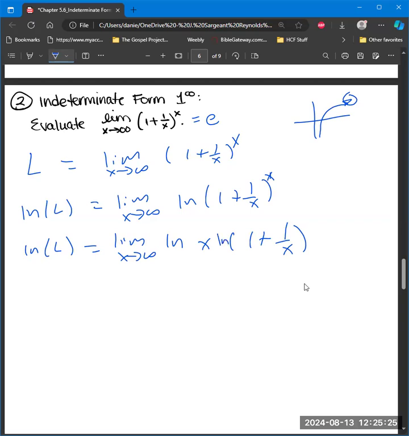And if we look at that right-hand side now, this is x times ln of this. Some crazy stuff there, sorry. So this is going towards infinity times ln of 1, which is 0. And so we say, okay, let's look at which piece is easier to take the reciprocal of.